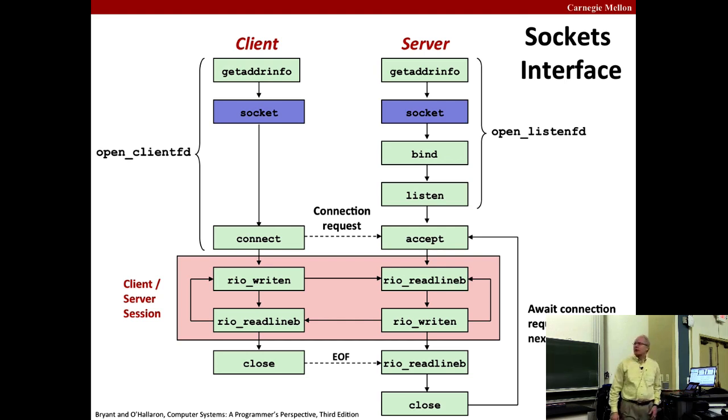So we're going to jump into the middle, the top level, and we'll talk about some level in parallel, because there's a lot of commonality, as you can see, between what goes on with the server and what goes on with the client.